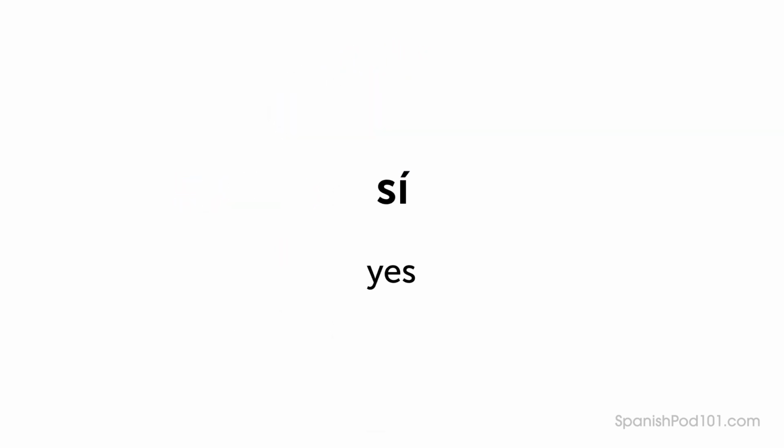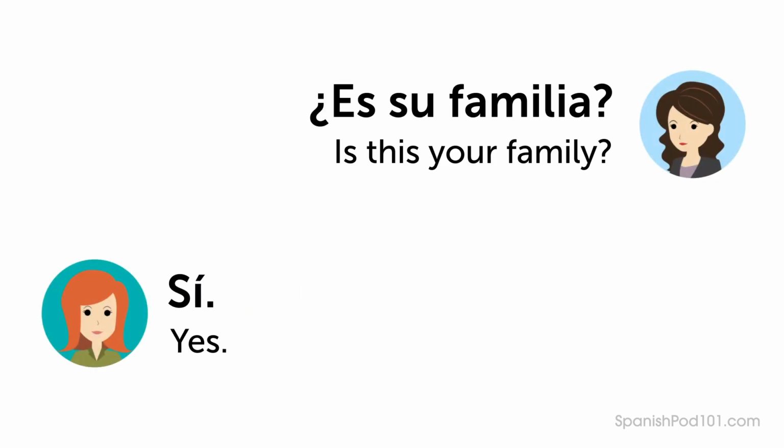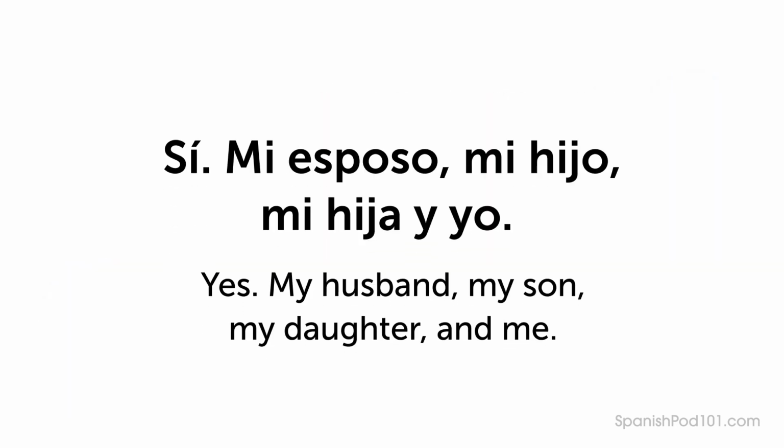First is the word sí, meaning yes. It answers Sonia's yes or no question, ¿Es su familia? After this, Karen points to the picture and says, mi esposo, mi hijo, mi hija y yo.